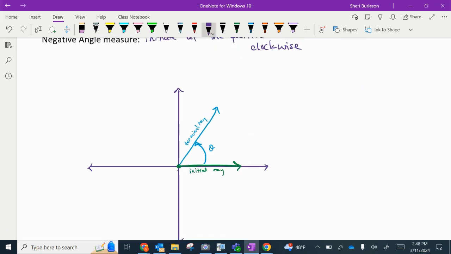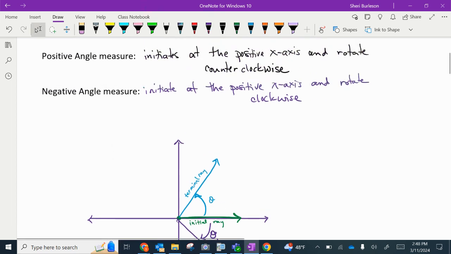So let's call this theta 1 so I can tell them apart. We are going to be using Greek letters to name the angles. So I have a positive rotation, and then I have the negative rotation starting from the positive x-axis and going clockwise. Okay.